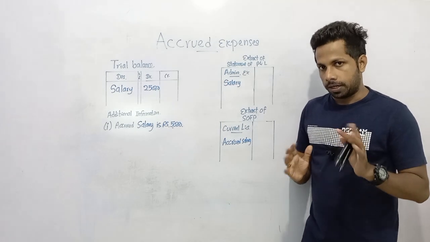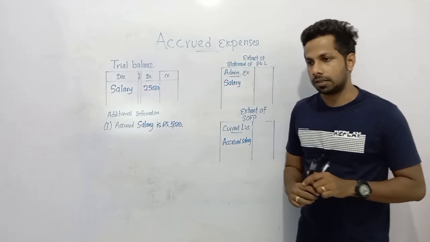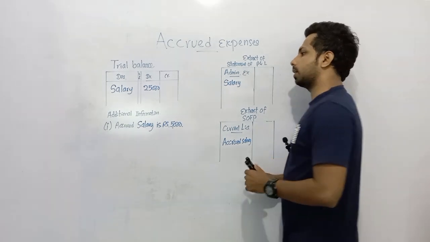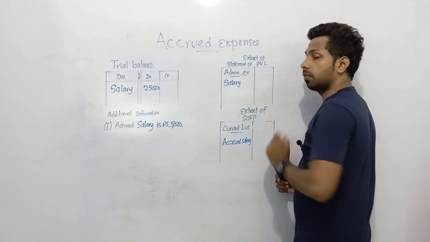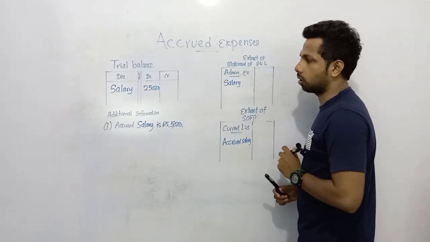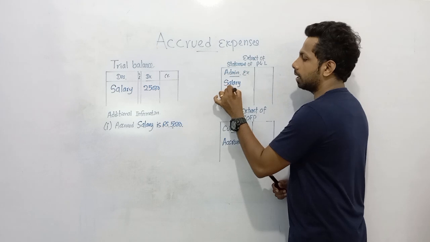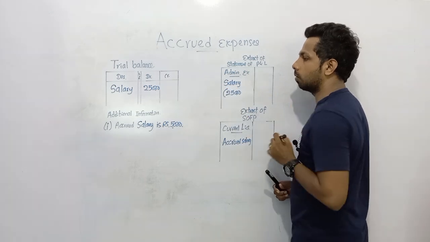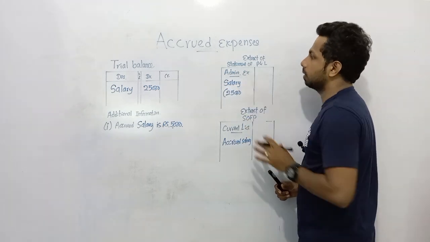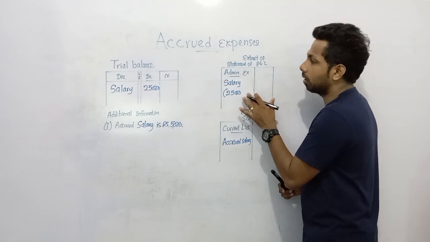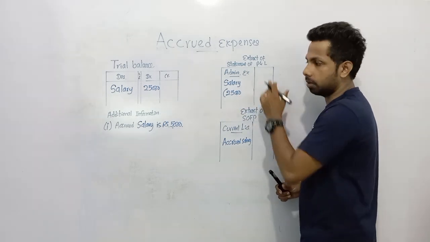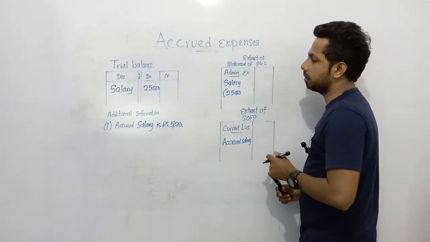Okay, right. Now I'm going to show you the answer, dear children. When recognizing the salary expense relevant for the period, we need to recognize the total. You can see in the trial balance 25,000 as a paid amount. When preparing the P&L, you don't have to mention 25,000 plus 5,000. Don't do it. Directly mention the relevant amount, right?